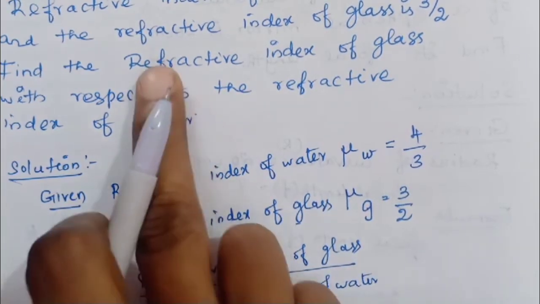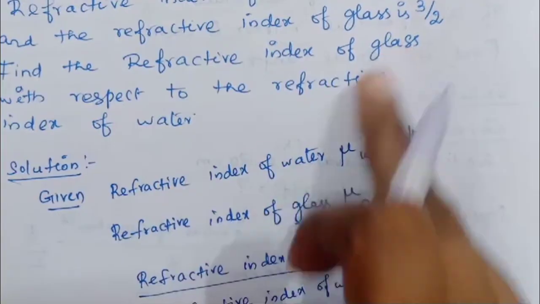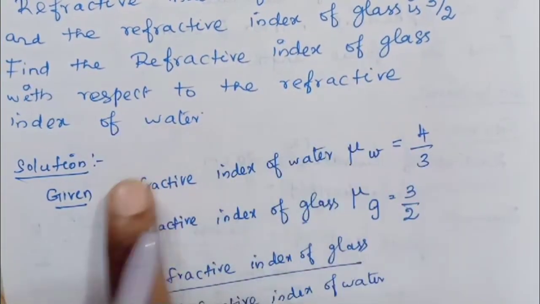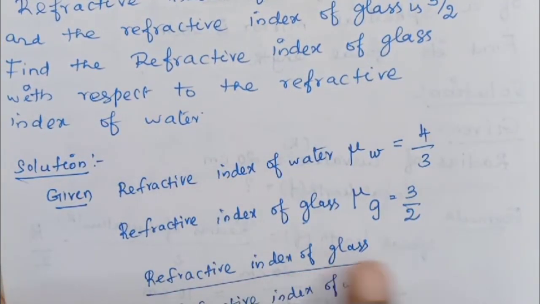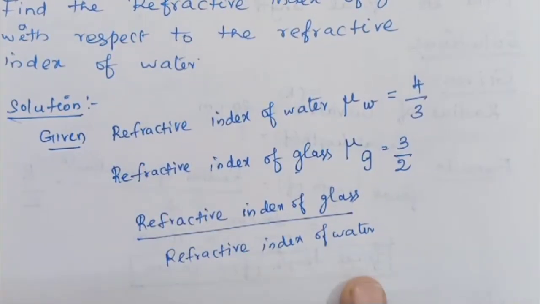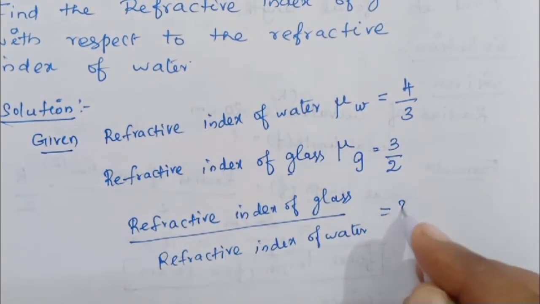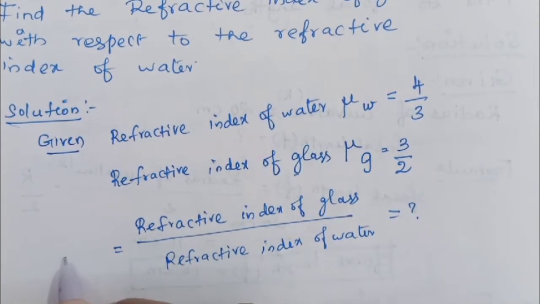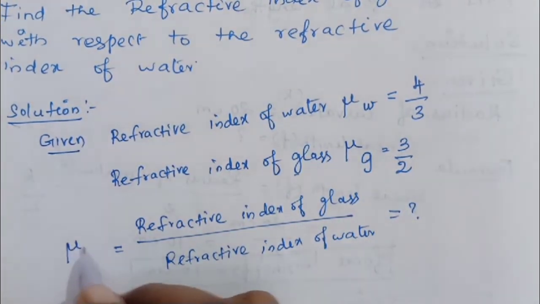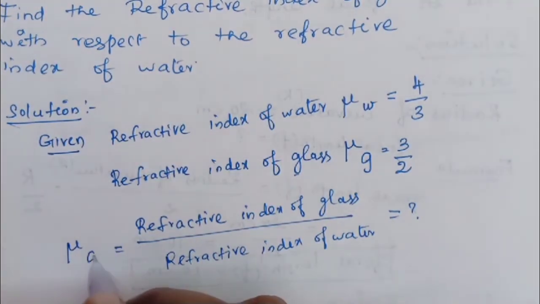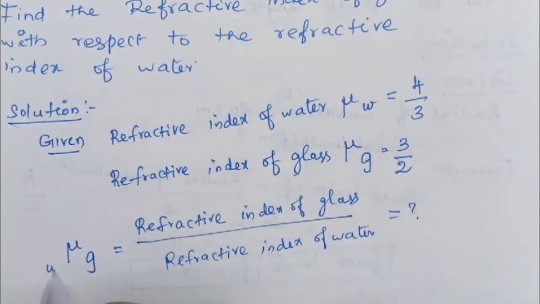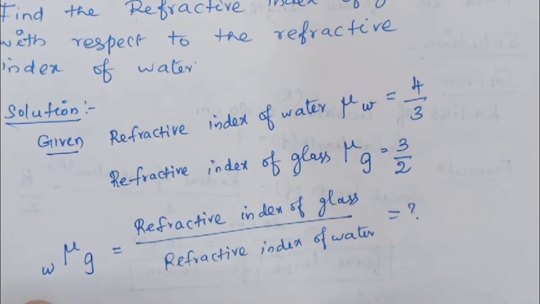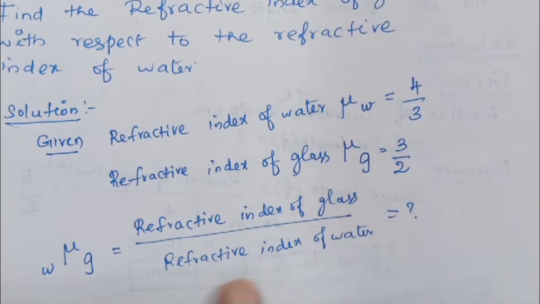See children, refractive index of glass with respect to refractive index of water will be the question mark. So this we can directly write. We have to calculate the refractive index of glass with respect to water. So W mu G is equal to refractive index of glass divided by refractive index of water.